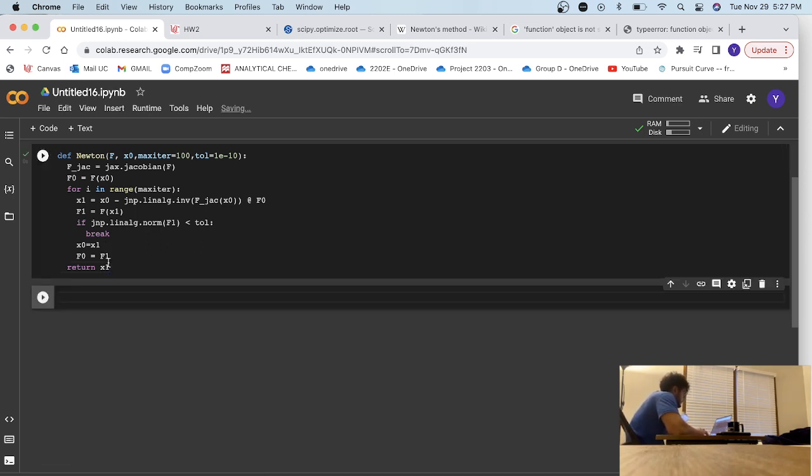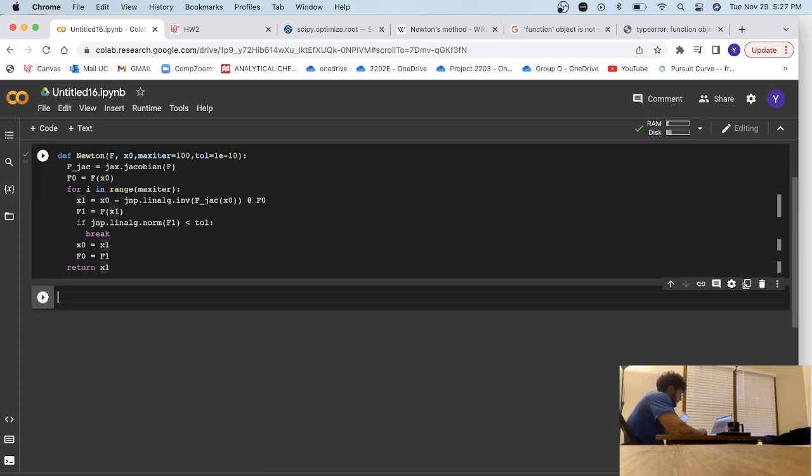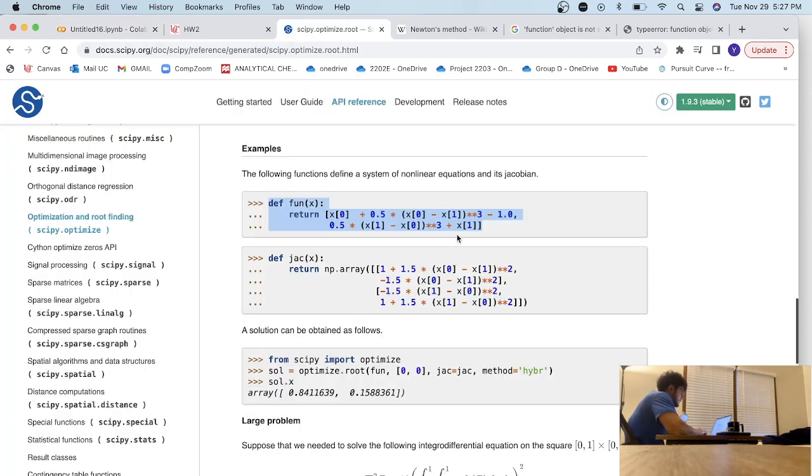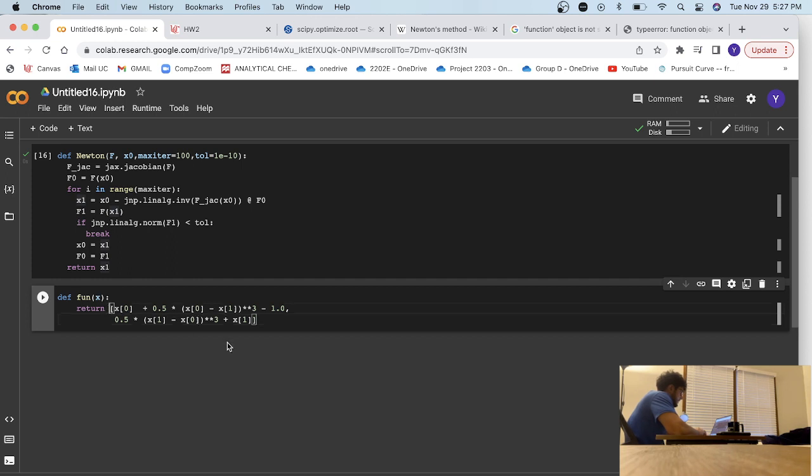Okay, let's clean this up, make it look a little cleaner. So now we want to find the root. So we have two nonlinear equations. We're going to implement that, but we want to turn this into an array.